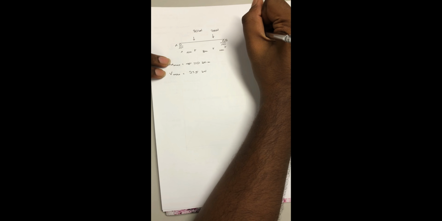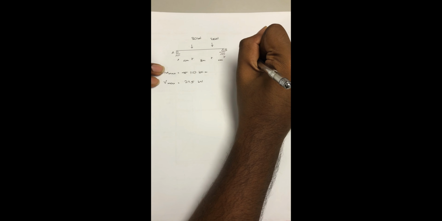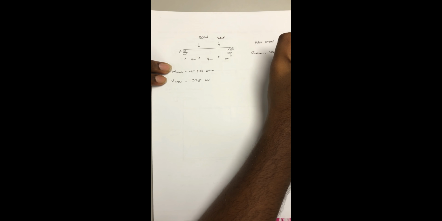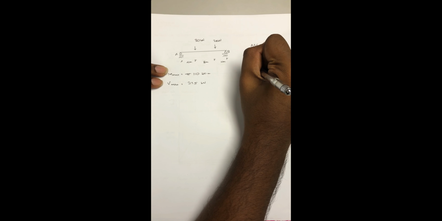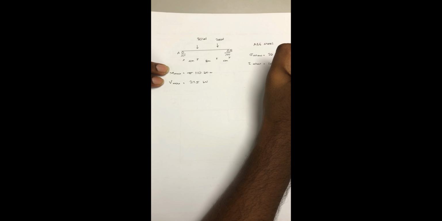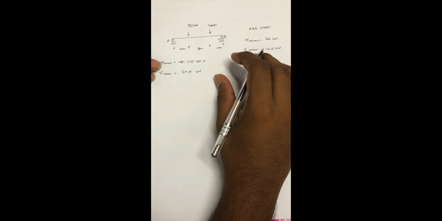So if you see for the A36 steel, the maximum bending allowed is 22 kilonewton, and the maximum shear allowed is 14.5 kilonewton, or else you can keep it as newton.